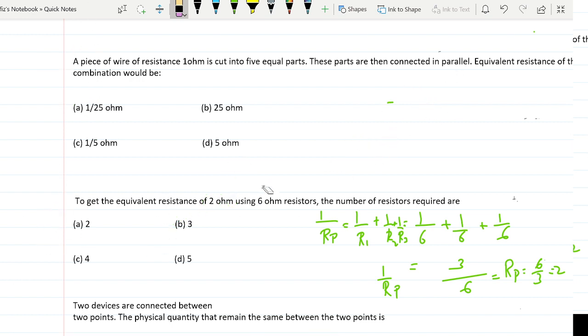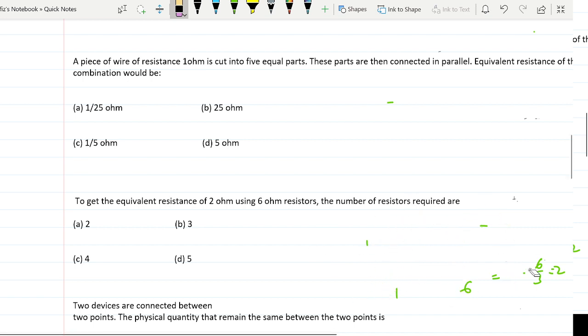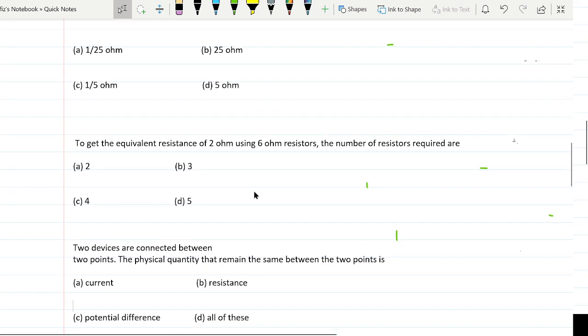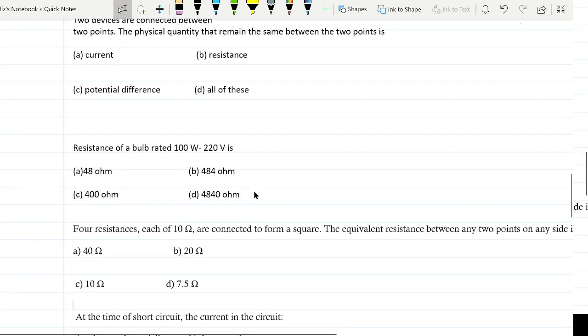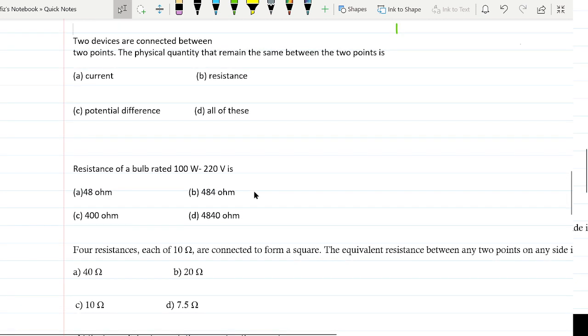Now moving on to the next question. Two devices connected between 2 points. The physical quantity that remains the same between 2 points. See, between 2 points, remember, it means they are connected in parallel.